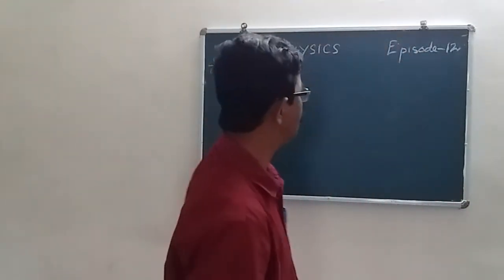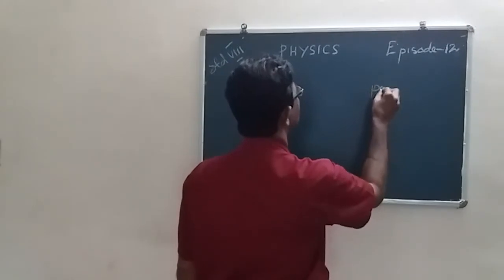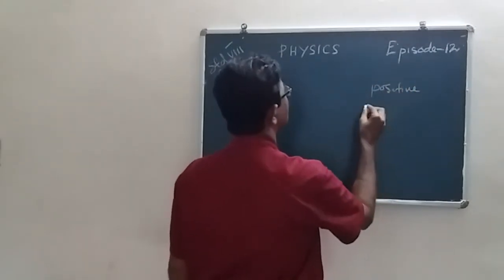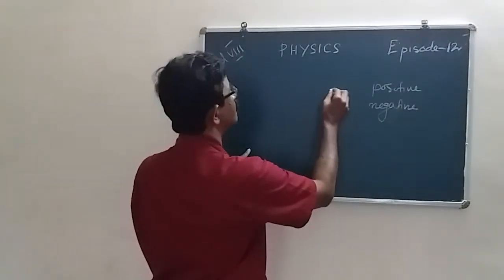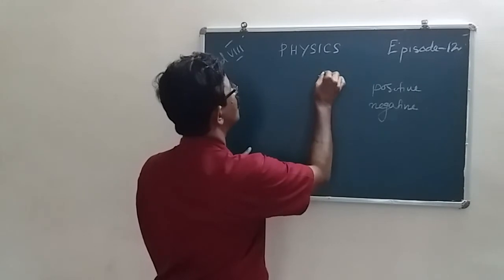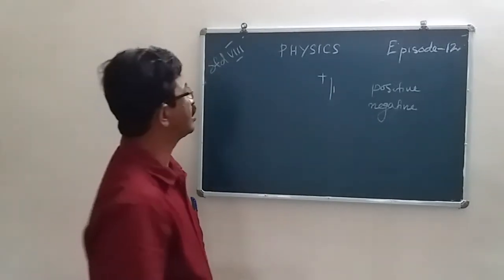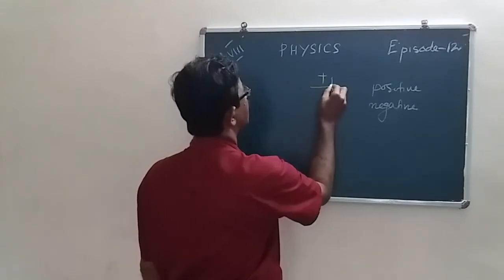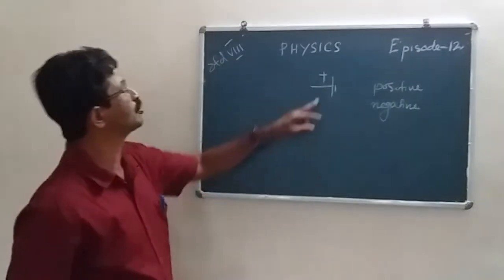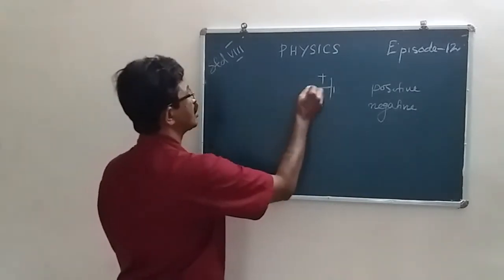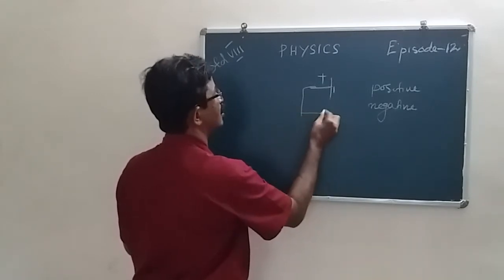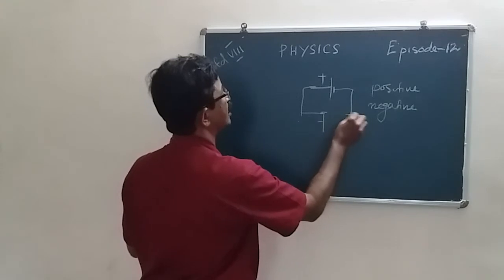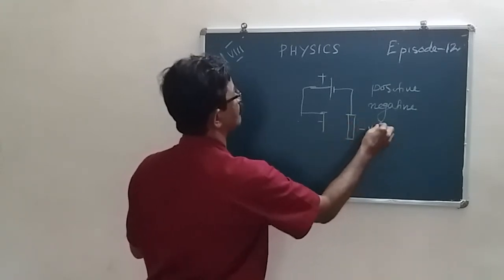There are two electrodes we know. One positive electrode, another one is a negative electrode. There are two terminals for the battery. This long line is the positive terminal, and if the wire connected to the positive terminal is connected to an electrode, it is a positive electrode, and the electrode connected to the other terminal is the negative electrode.